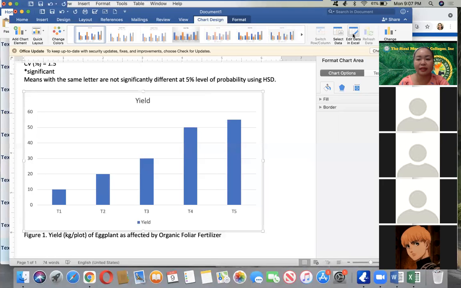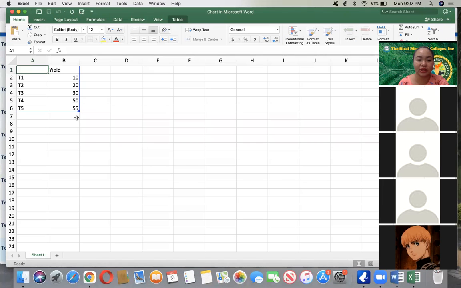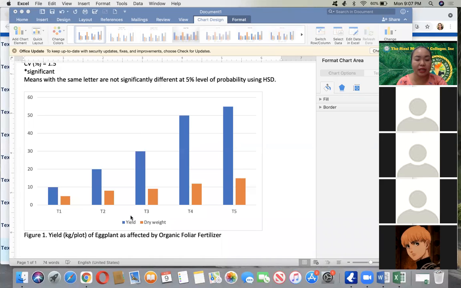It goes back, and if you want to add to it, you just say yield or dry weight, for example, and enter 5, 6, 5, 8, 9, 12, 15, in grams. When you go back, it now shows dry weight.